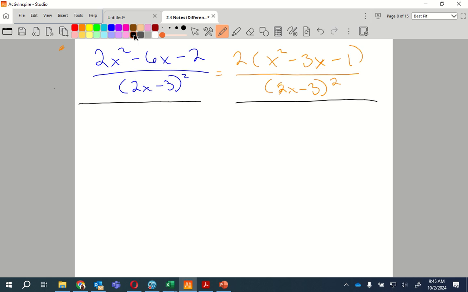Like I mentioned yesterday, on a multiple choice test, your answer, even though it's correct, might not look like the actual answer that's in the book or one of your choices. So by going through and factoring, that might be one way of trying to figure out what an answer could simplify to, or continue to try and reduce it down as much as you can.